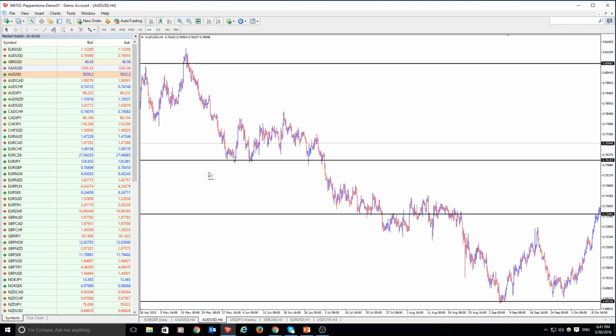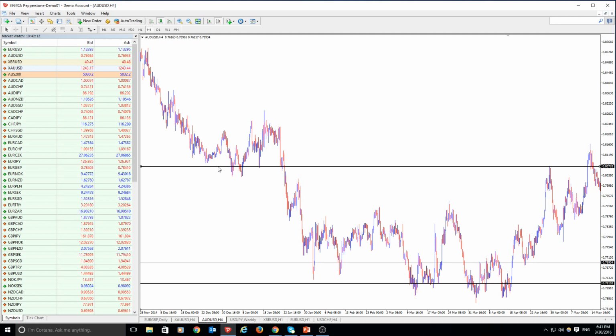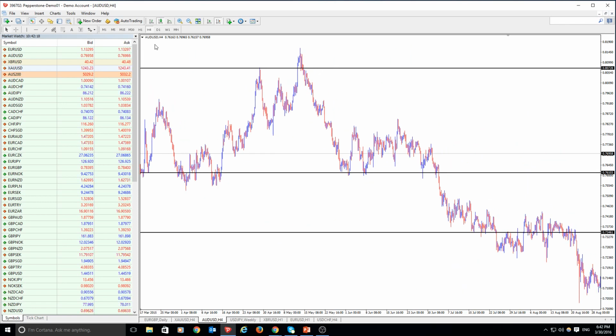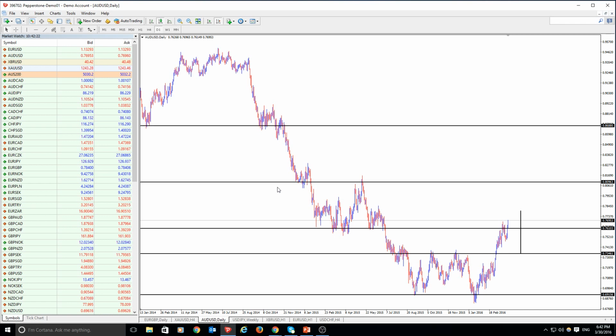So you can have quite a few touches on the smaller time frames to these zones. So you've got, if we just bring that down a little bit, kind of 1 here, 2 here, 3, and then it broke through. So just remember when we're looking at those zones here and we're drawing them on dailies and weeklies, if it looks like congestion on those time zones, it's probably a lot of congestion on the smaller time zones.